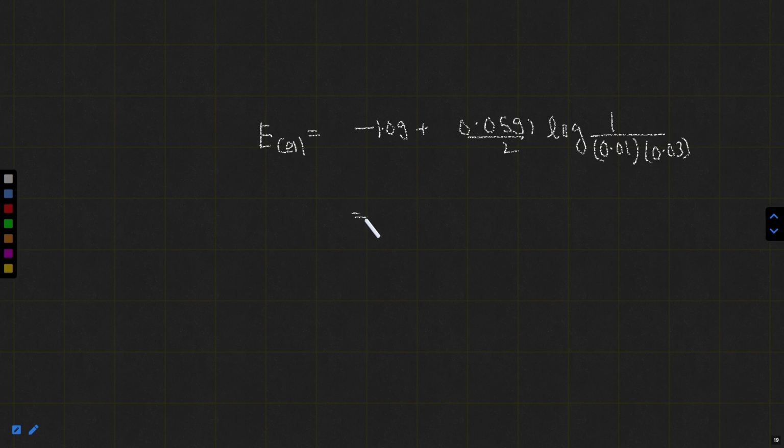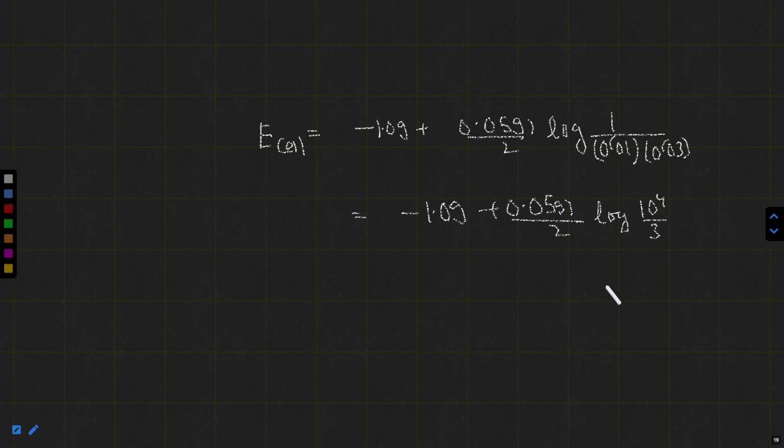Now if you just calculate this value, what will you get? Just simplify this further. That will make the calculation easier. So this will be removed, this will be removed. 10, 10, 10 to the power 4 by 3.